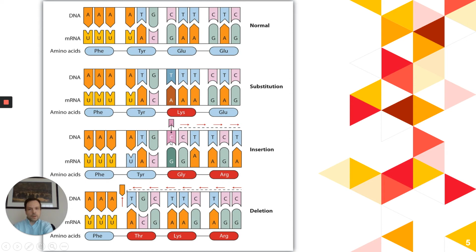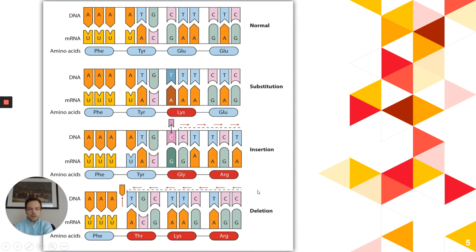It's going to result in the formation of an entirely different mRNA codon, GGA. And that codon is going to give us an entirely different amino acid than what we were supposed to have had. And because the entire code has been pushed to the right by one base, we're going to end up with a different amino acid down here as well for the next codon. And so just because of the insertion of one base, it could mess up this entire polypeptide sequence.